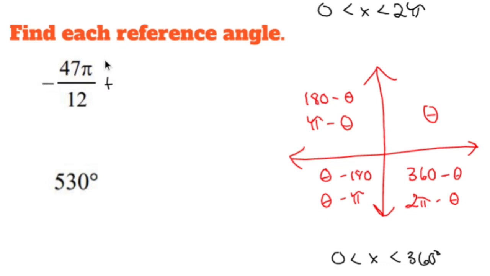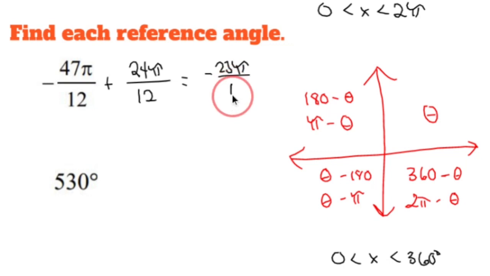If I add 2 pi, that would be the same as adding 24 pi over 12. When I do that, I get negative 23 pi over 12, or just 12.